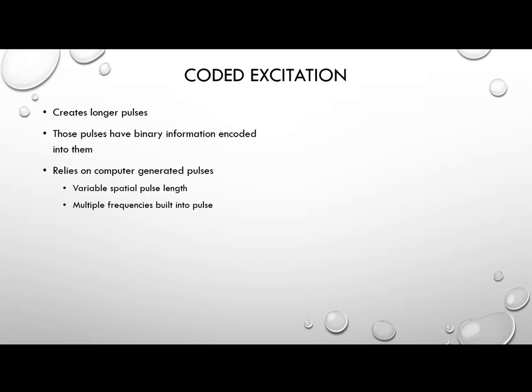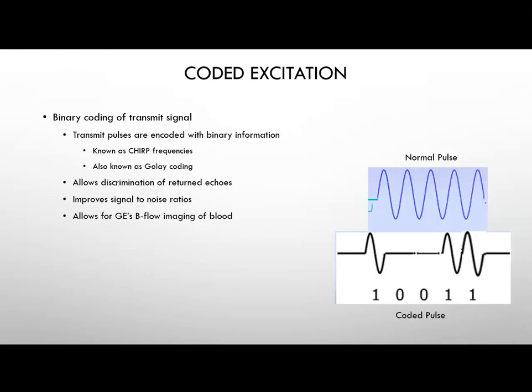So coded excitation, though, is a really nice feature. What we have is we can say that we have binary coded information in our transmit signal, so that these transmit signals go into the body, and then what comes back from the body we can discriminate when it comes in.